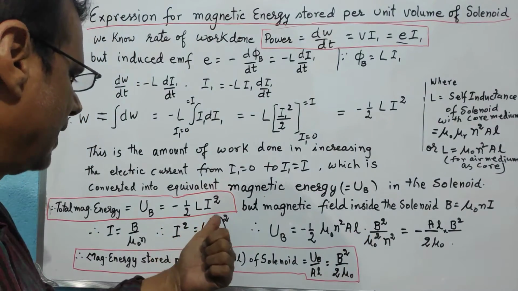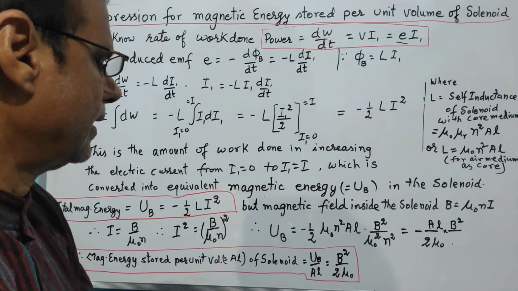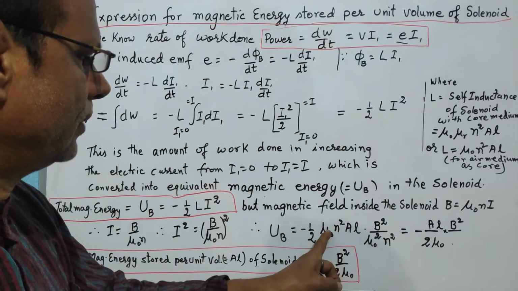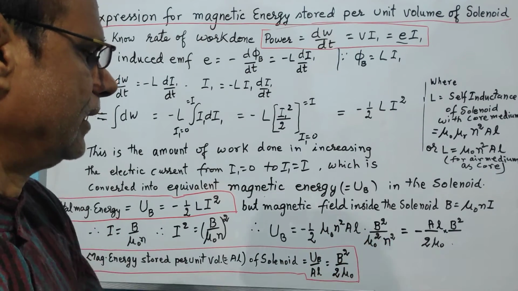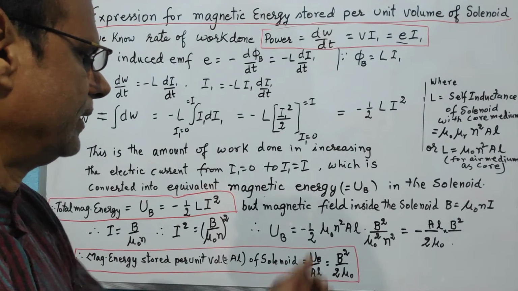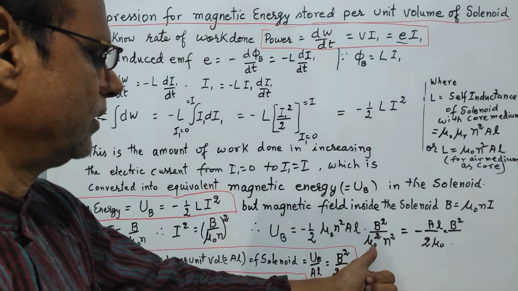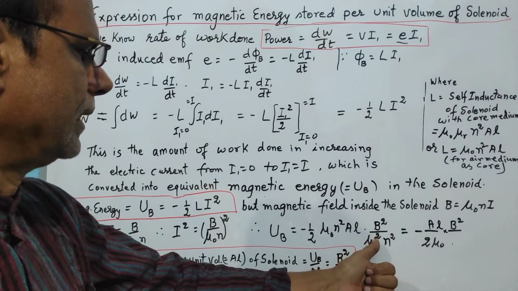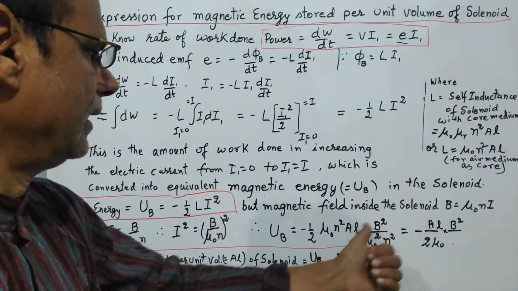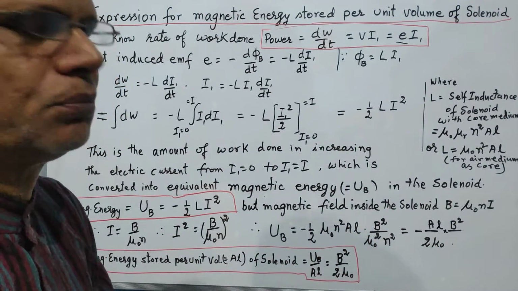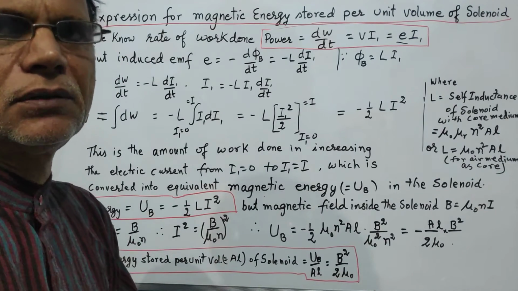For I square we have B square by mu 0 square N square. One mu 0 cancels and N square cancels with N square. What we are left with is half, mu 0 in the denominator, and A l B square in the numerator. So this is the total magnetic energy stored in the solenoid.